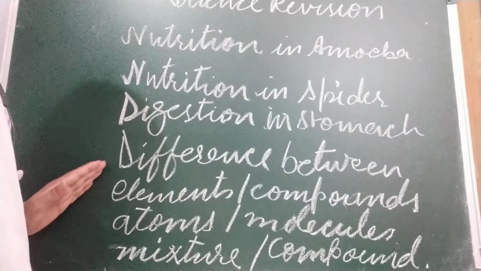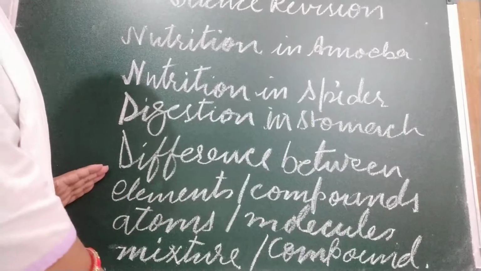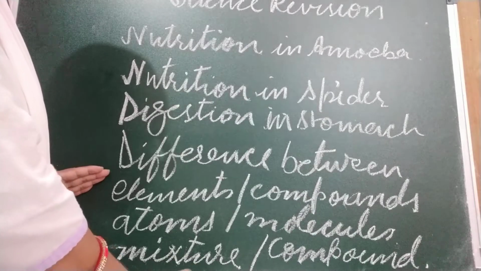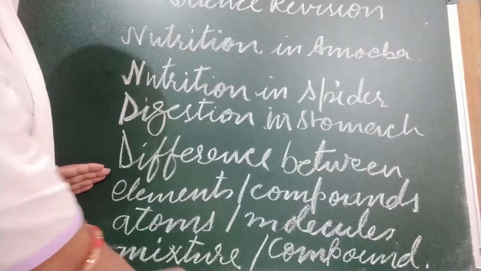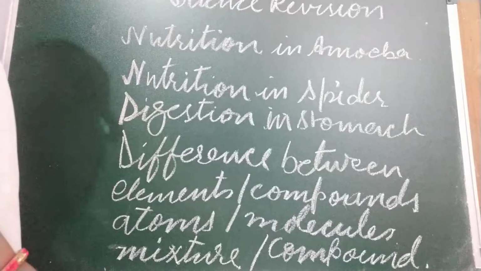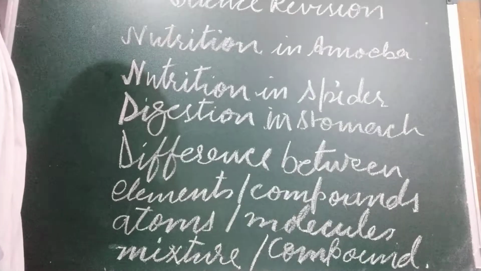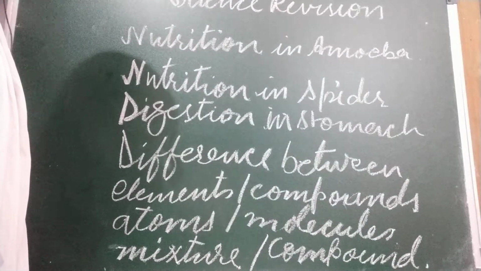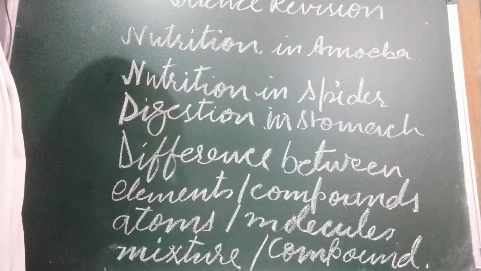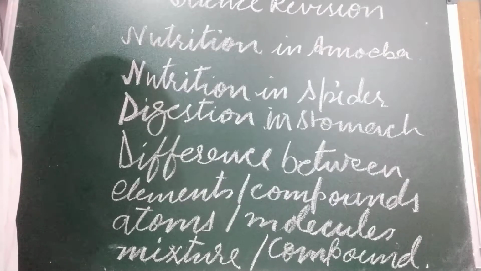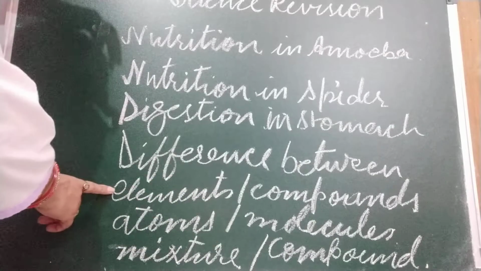Now we are coming to the next chapter, structure of matter. First, what is the difference between elements and compounds? At first, we are going to discuss elements. A substance made up of only one kind of atoms that cannot be broken down into simpler substances by chemical methods is called an element.